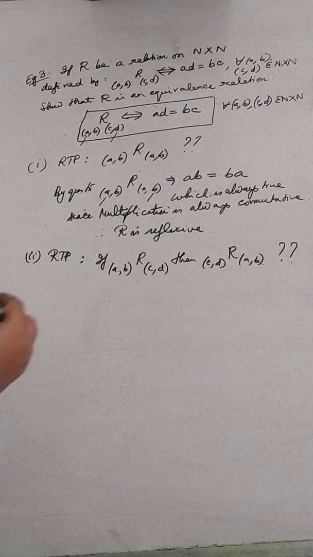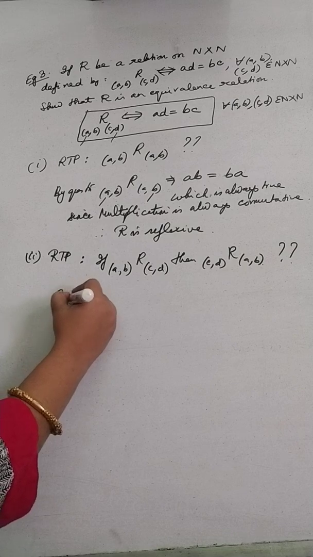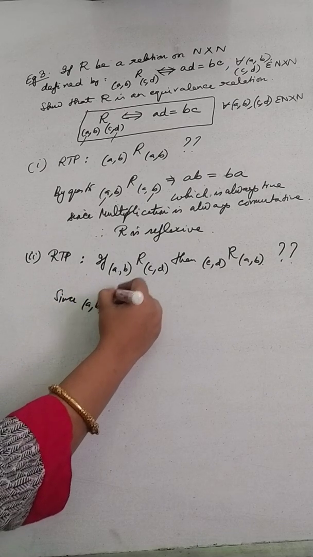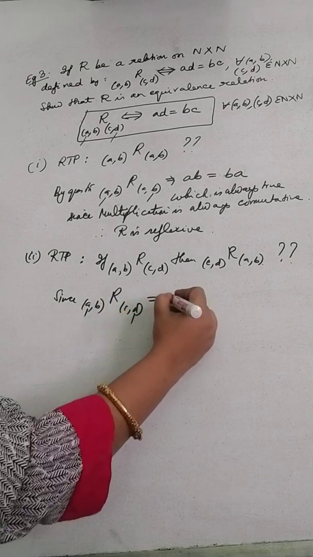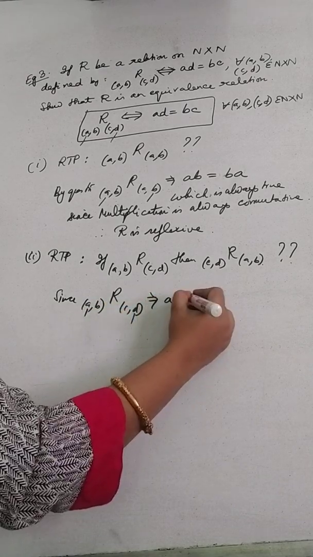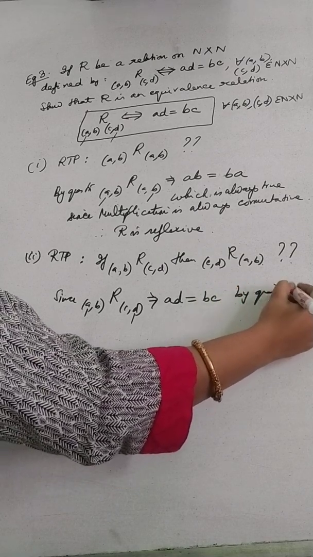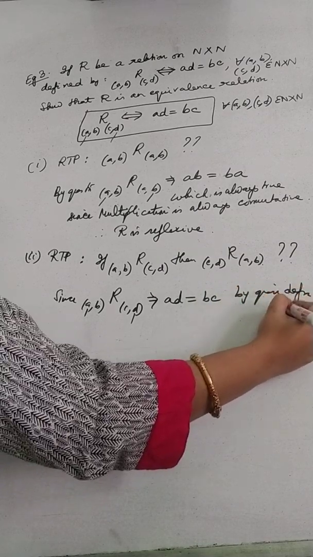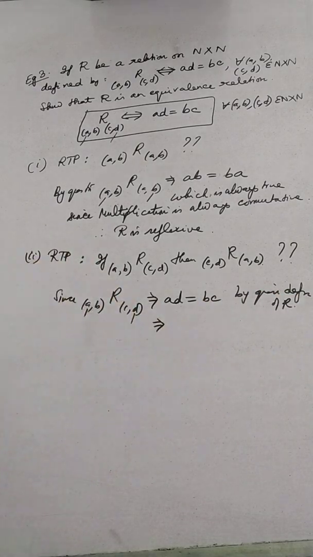How will I show it? Now I am assuming that this is happening. So you will write, since AB is related to CD, it implies what? According to the definition, AD is equal to BC by the given definition of R.